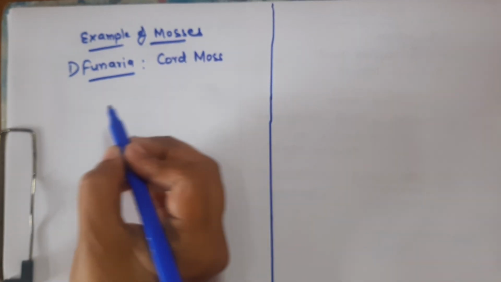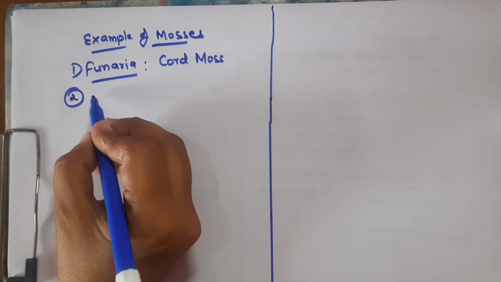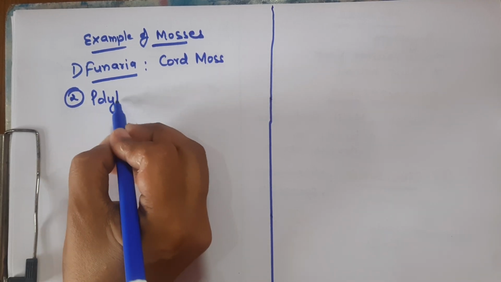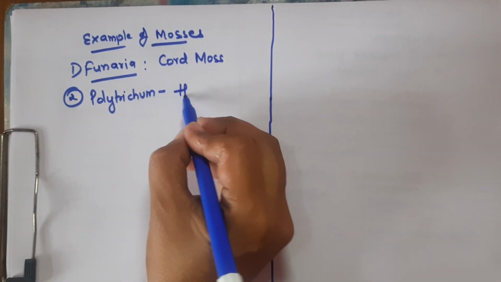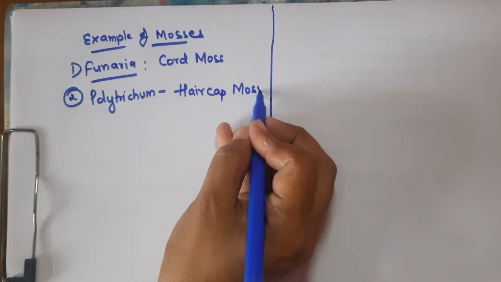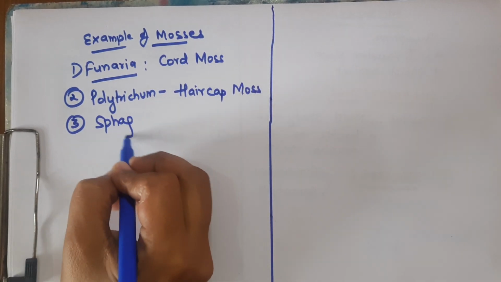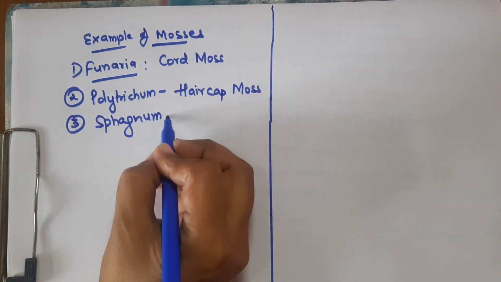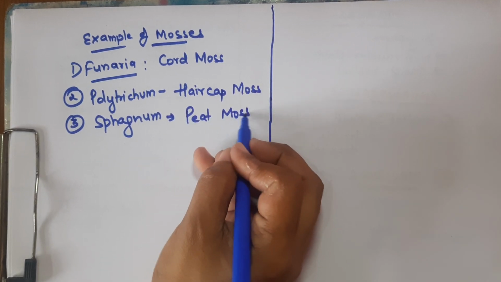The second example is Polytrichum, known as hair cap moss. And the third one is Sphagnum, also known as peat moss.